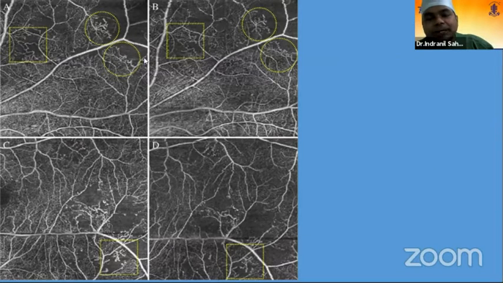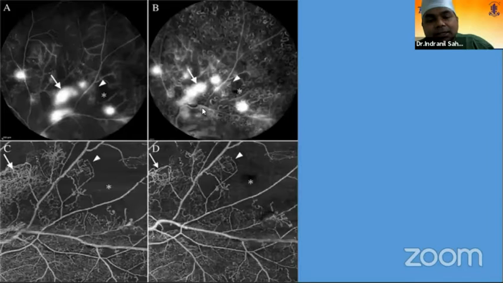All this is picked up so well on an OCT angiogram, and you can actually document and show the patient, as nowadays seeing is believing. This is a comparison of the FFA with the OCTA, pre-treatment and post-treatment.